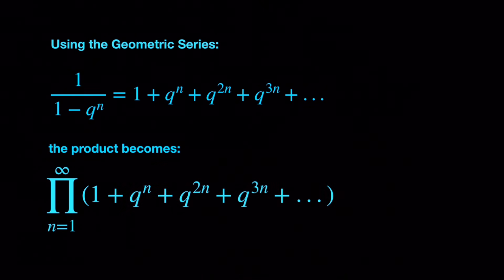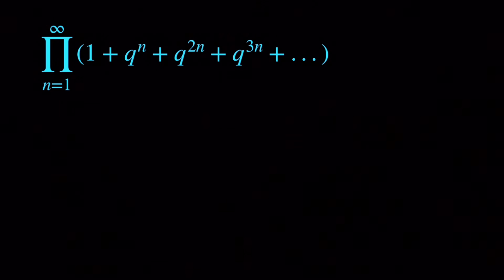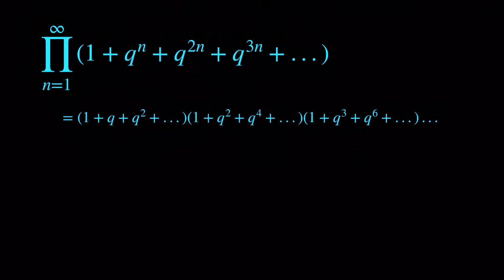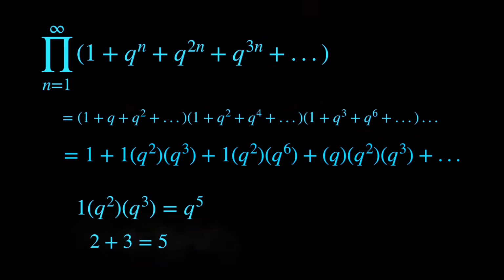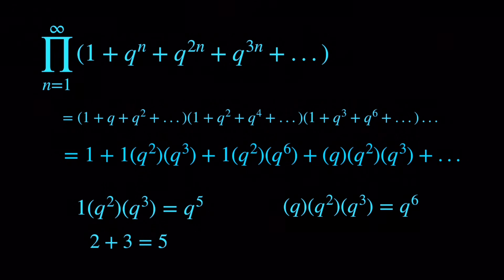So the reciprocal product becomes a product of series. But when this product of series is actually multiplied out, the way that the components multiply reveals something very deep. The way that the exponents add when the terms multiply showed Euler that the coefficients were encoding the way of counting something about the number exponent.